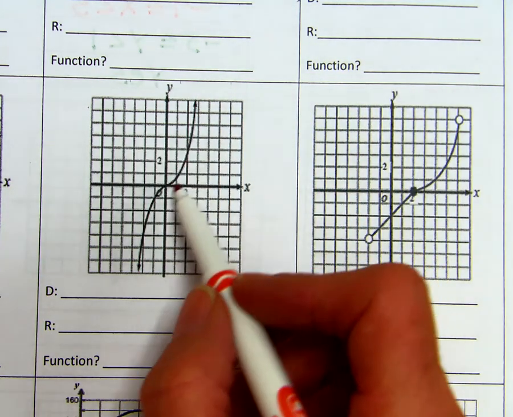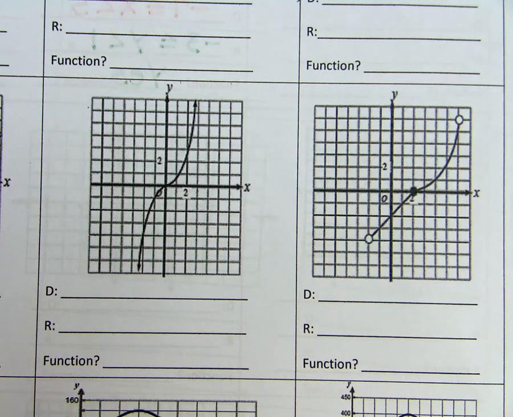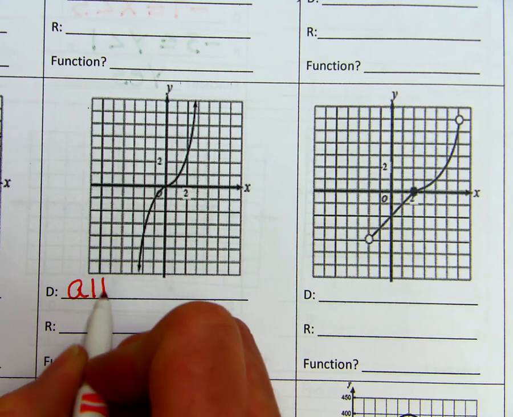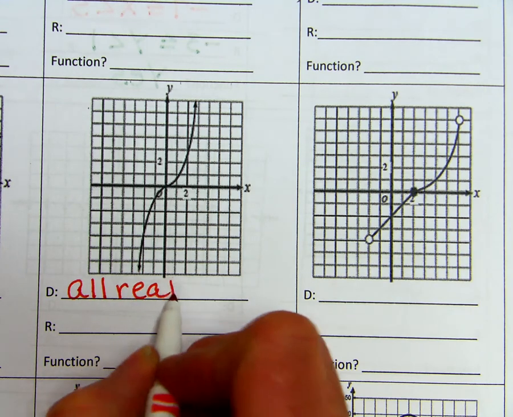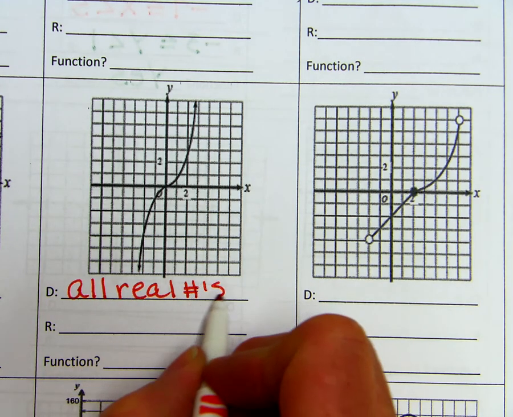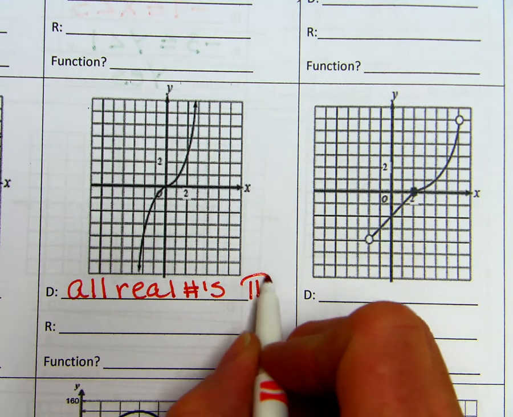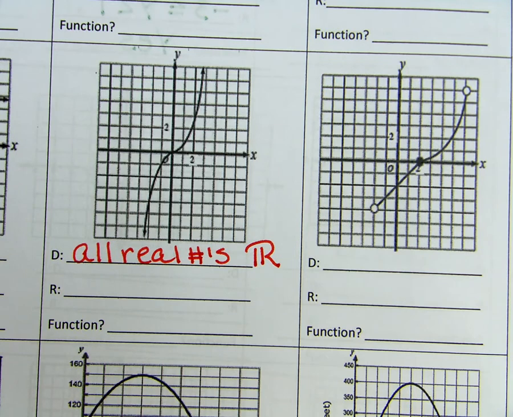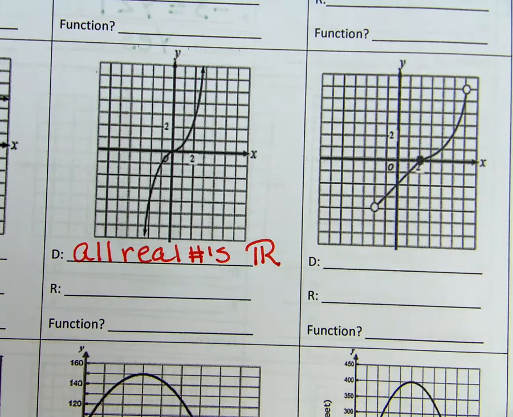And then down here, it goes continually down to the left, so this is a case of all real numbers. We can also use our symbol with that R for all real numbers for that domain. So there are no boundaries on this because of the arrows continuing in both directions.